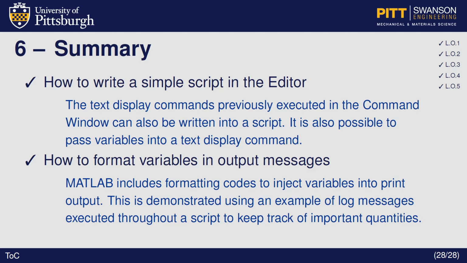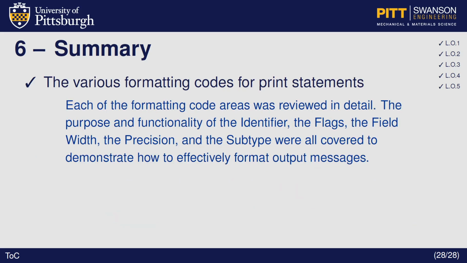Then, for the purpose of writing log messages, MATLAB enables you to use various formatting codes to inject data from variables to keep track of important quantities. And finally, we covered the details of how to format variables and the various codes associated with that process, including the identifier, flags, the field width, the precision, and the subtype.